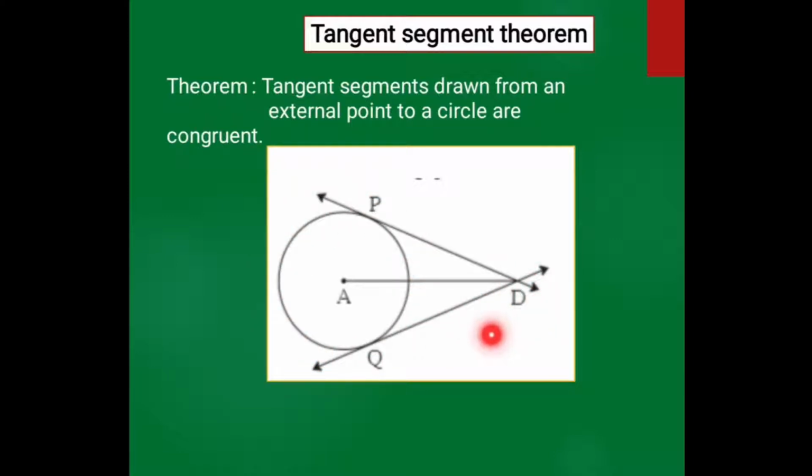Now we consider a point D which is exterior to this circle, and we draw two tangents from this point D. The first tangent touches at P and the second tangent touches at Q. So here the statement states that this tangent segment PD and this tangent segment QD are congruent. See the theorem statement: tangent segments drawn from an external point to a circle are congruent. That means these tangent segments are congruent.